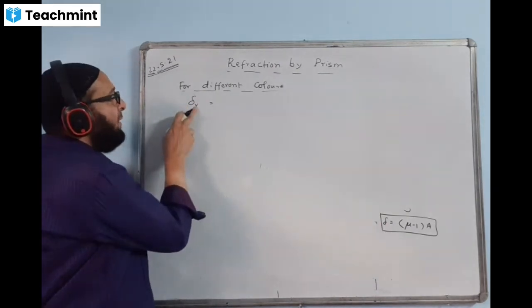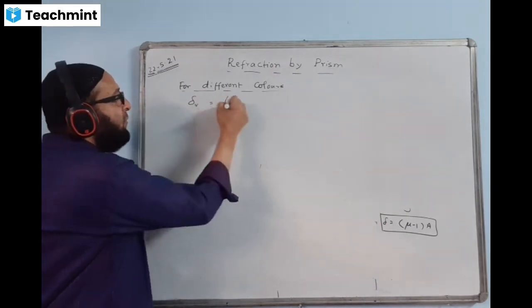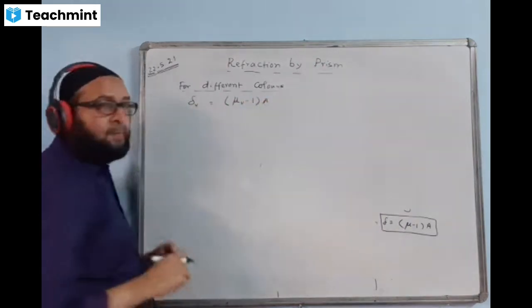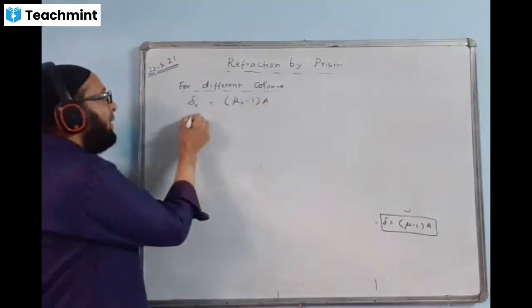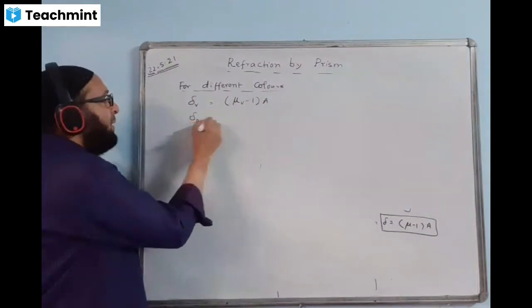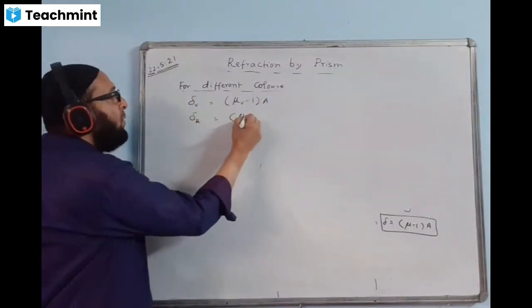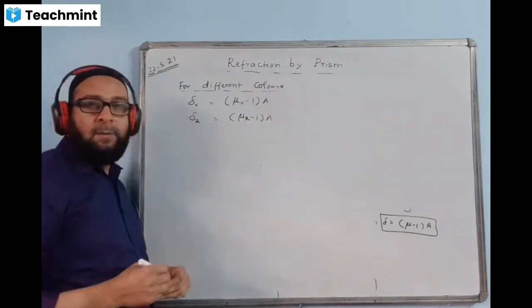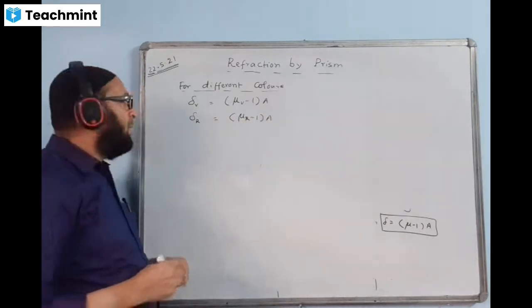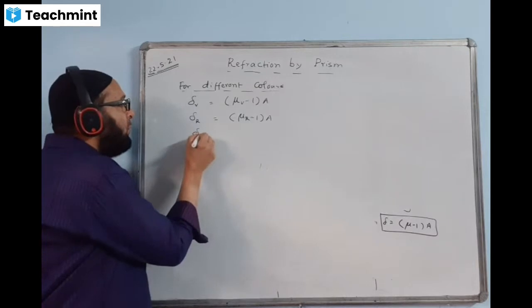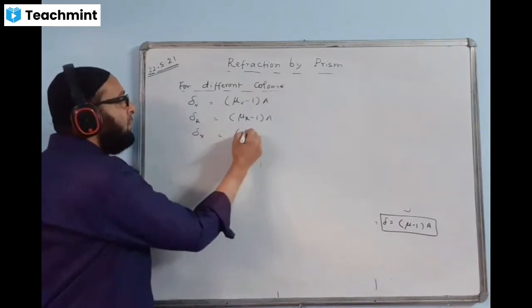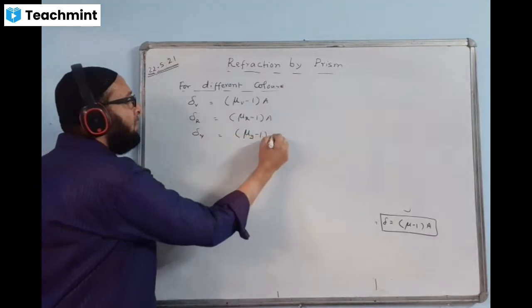So delta V will become mu V minus 1 into A. Delta red, I will write mu R minus 1 into A, R in the subscript. And I'll write one more color, delta for yellow: mu Y minus 1 into A.